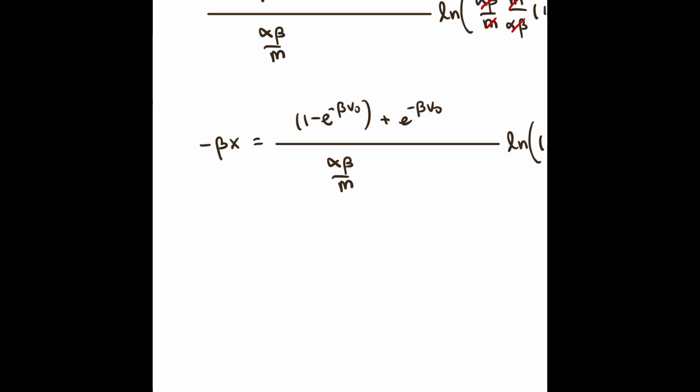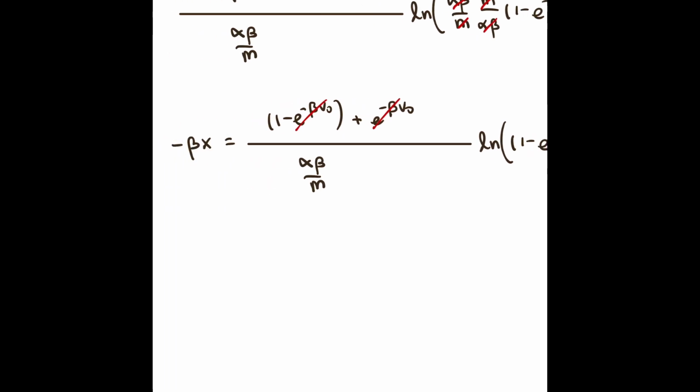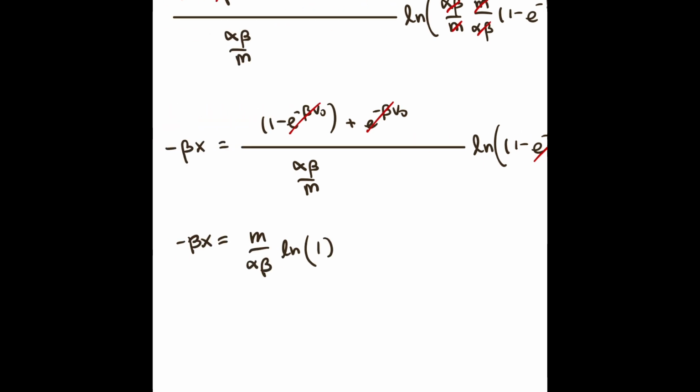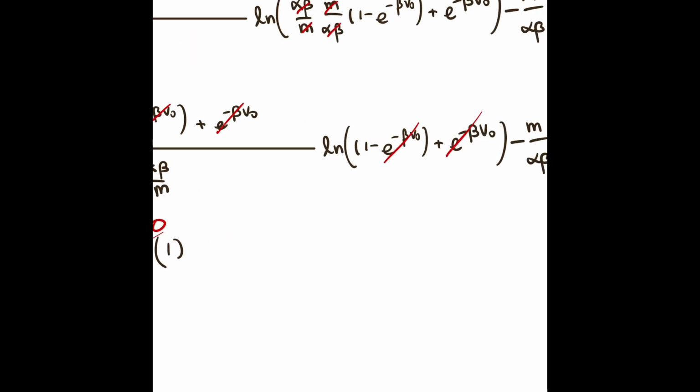Now we can continue canceling. These e terms cancel. These e terms also cancel. And we're left with the natural log of 1, which of course is 0. So this whole first term is 0. That's pretty nice.